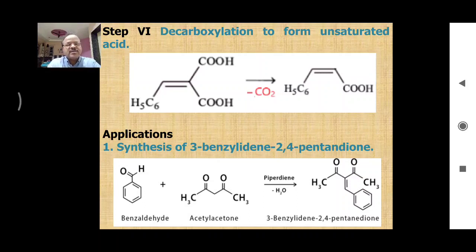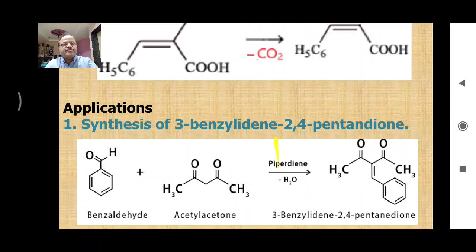Now let us see the applications of Knoevenagel condensation reaction. So the first application, it is used in the synthesis of 3-benzylidene 2,4-pentanedione. Now let us see this application. So this is benzaldehyde.